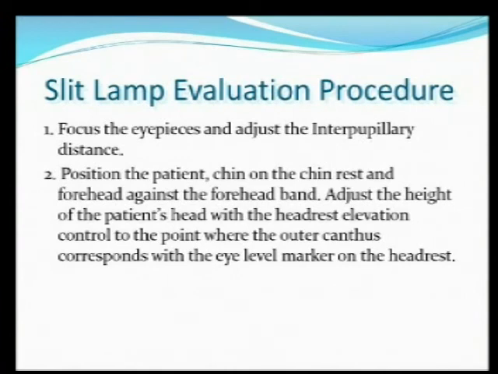First step, like any other optical instrument, is to focus the eyepieces and adjust the interpupillary distance. To focus the eyepieces, there is a focusing rod that goes right into that center of common rotation. Every slit lamp comes with one.